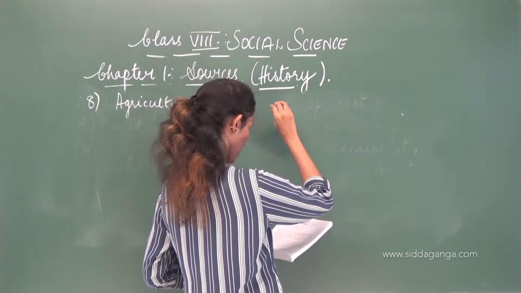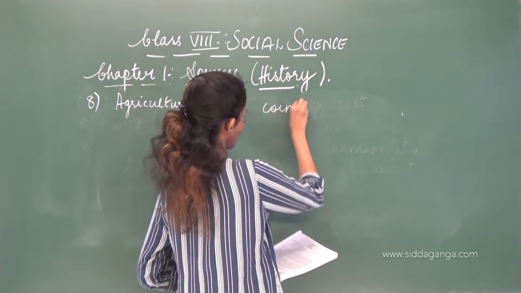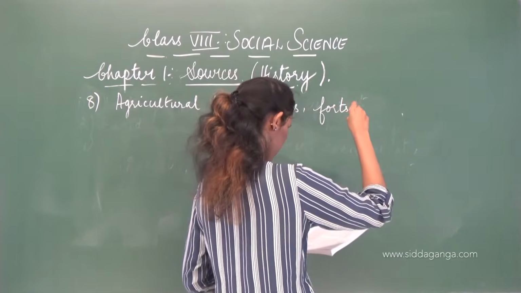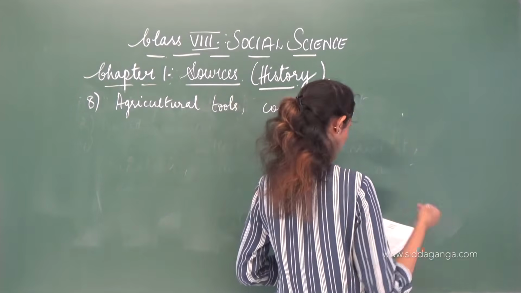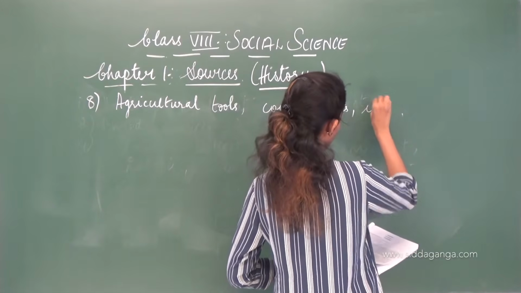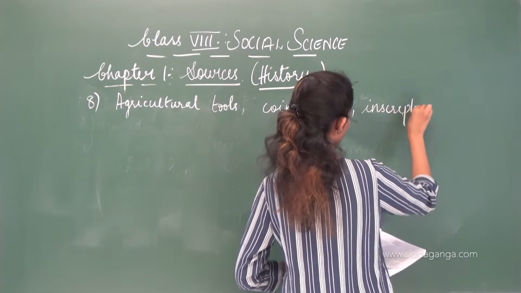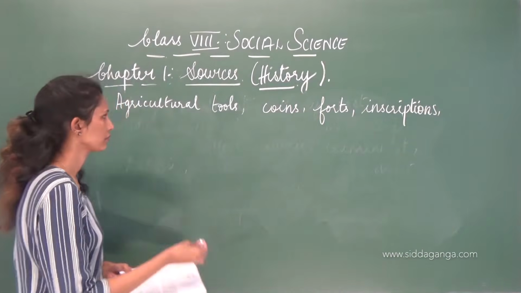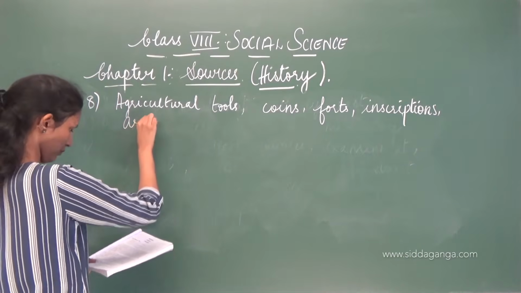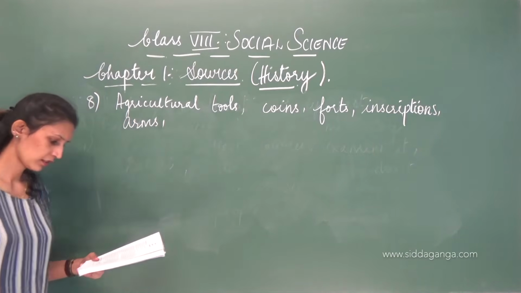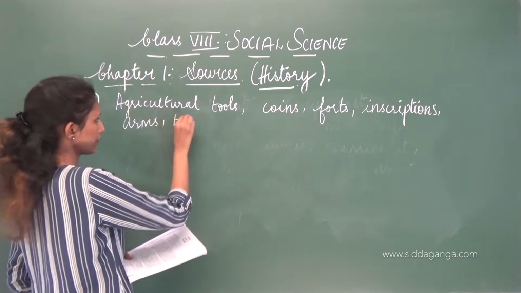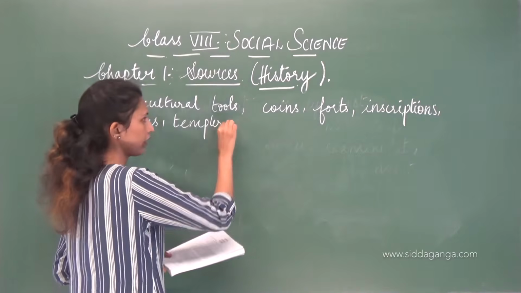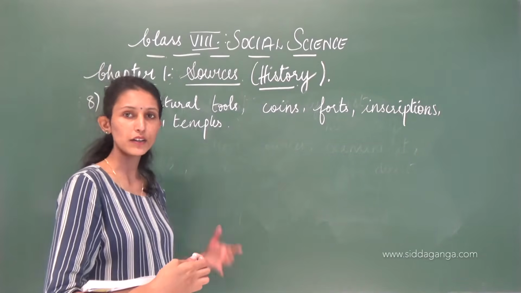Agricultural tools, then coins, the old forts that are there, then inscriptions, arms, that is weapons, temples or other religious places are a few of the sources that historians consider.